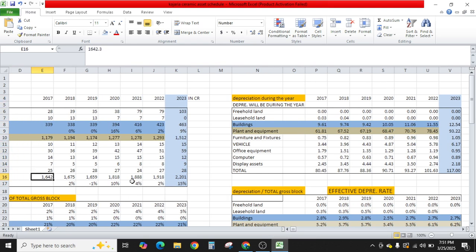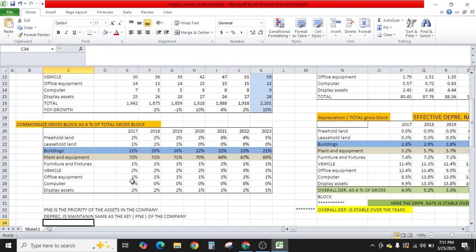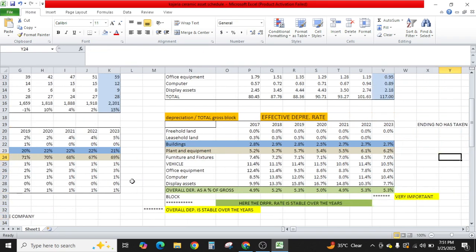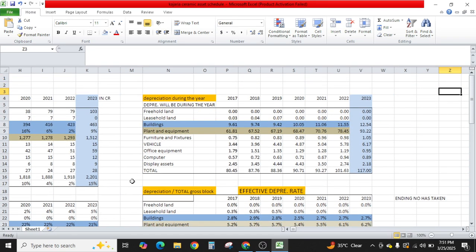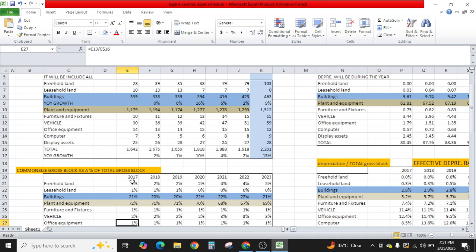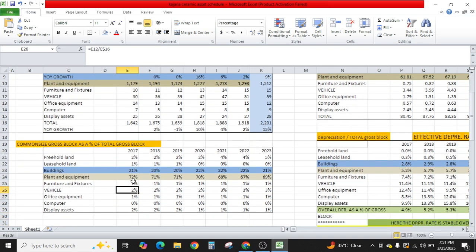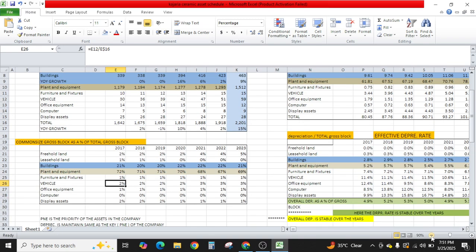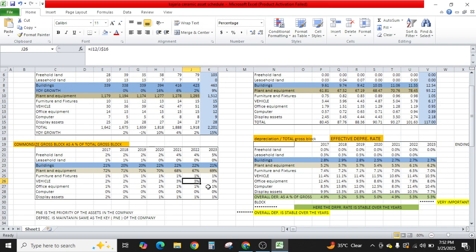Now these are common size. So if you want to find net block, the formula will be, no, you will comment, you will only tell me. So what I have done is, see, just look at the Excel.